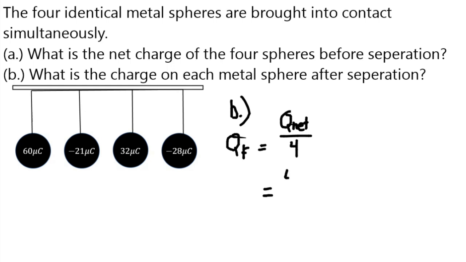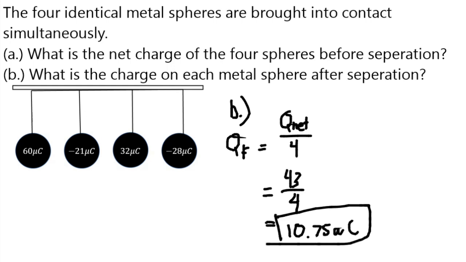So 4. We're going to do this. So this is just like taking the average but in a different way. So the net charge of each metal sphere after separation is going to become 10.75 microcoulombs, and that's basically the answer for this problem. And that's it for this video. I hope you learned something, and goodbye.